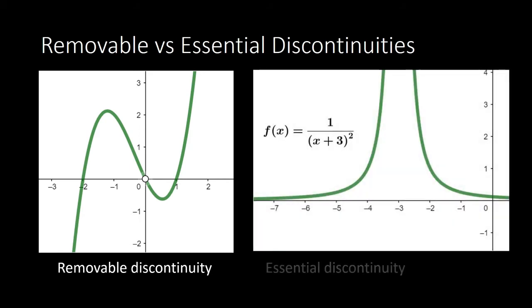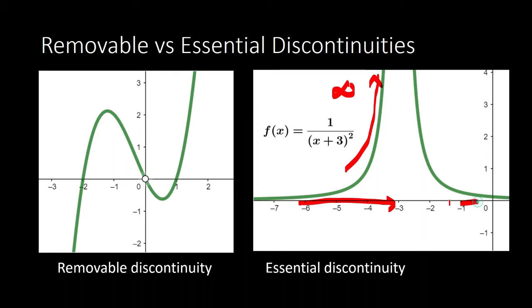This one has an essential discontinuity. When x approaches -3 from the left, your function goes to infinity. When x approaches -3 from the right, your function approaches infinity.